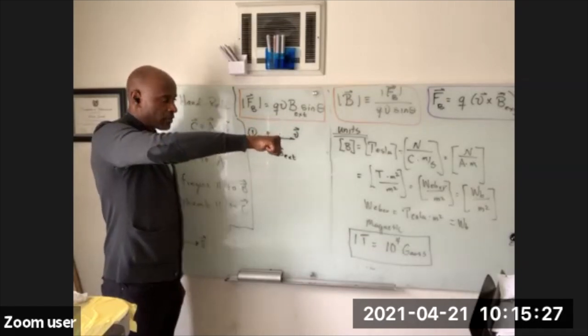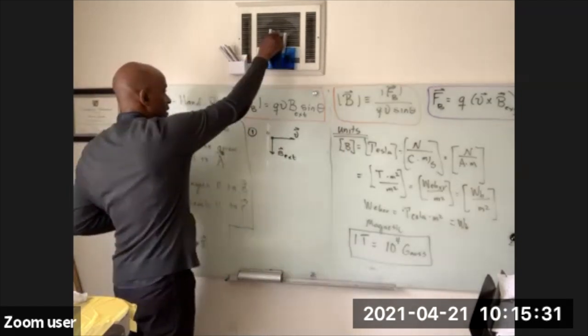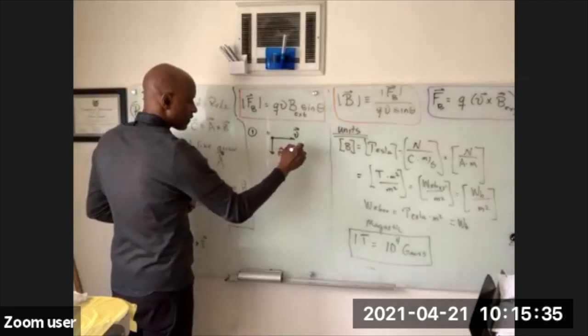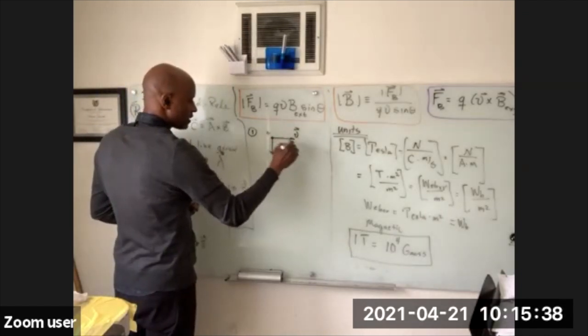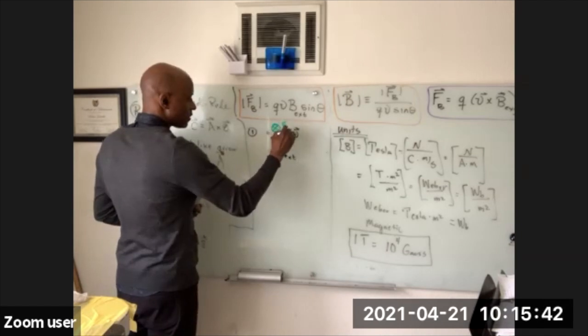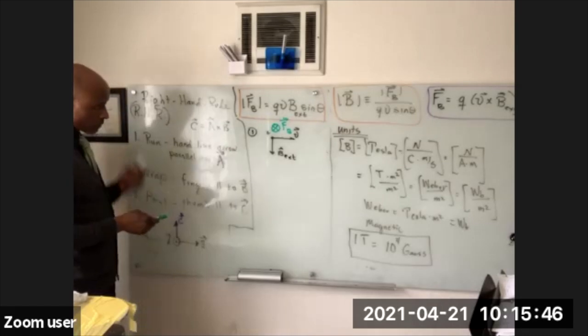So in that scenario, the magnetic force on that charge in that instant is going to be into the board. And I would then represent FB in the following fashion. FB is, maybe you can put it here, into the board. And that's the notation for into the board.